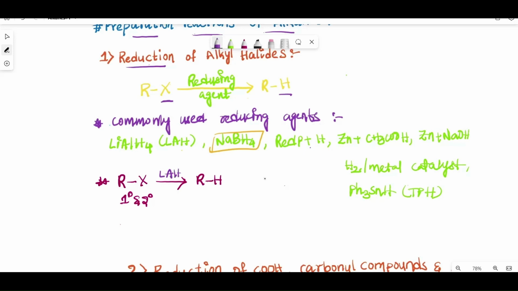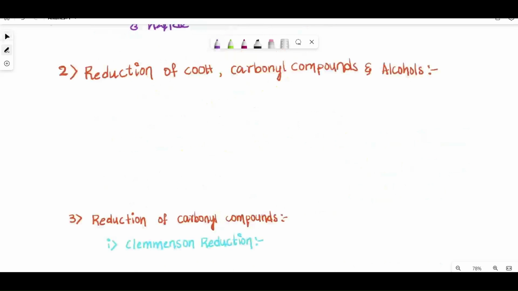But when you take a tertiary halide, then you won't get alkane. You will get alkenes here. This is one you should remember. Remember these reducing agents. And let's see another method for reduction.